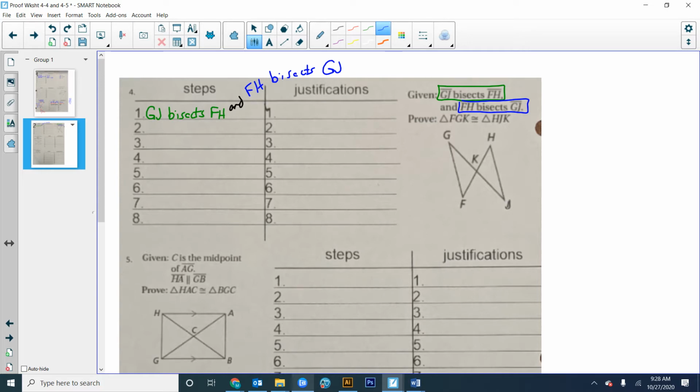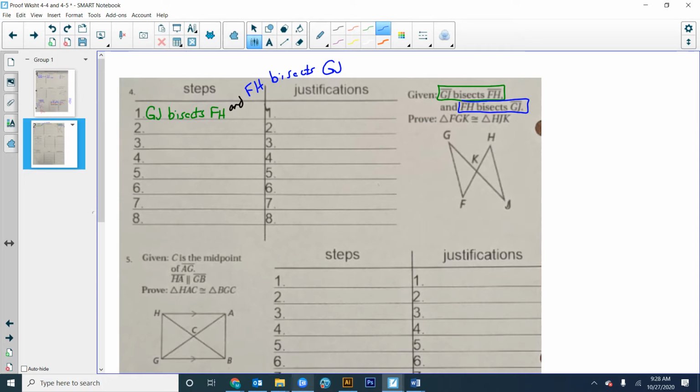You ready? Are we bisecting angles or segments in this one? GJ is a segment, and it's bisecting FH, which is a segment. You have a segment bisecting a segment, but what's the knife? GJ or FH?